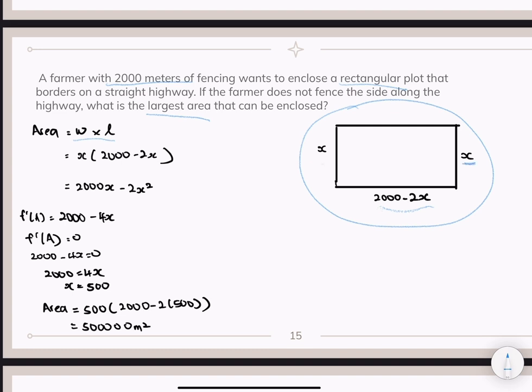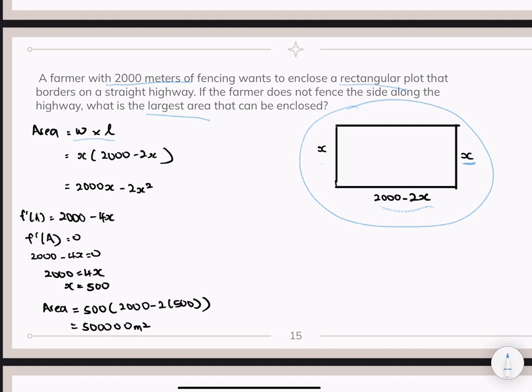It's because 2x, yeah. And then we put all the values into the area, so we can get 2,000x minus 2x squared. The area is 2,000x minus 2x squared.